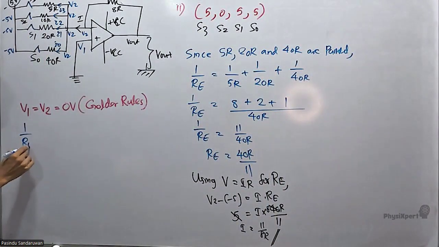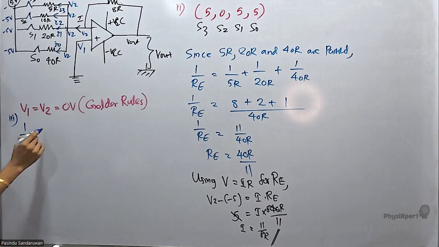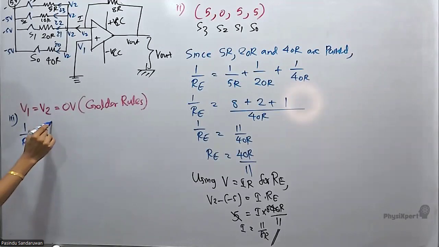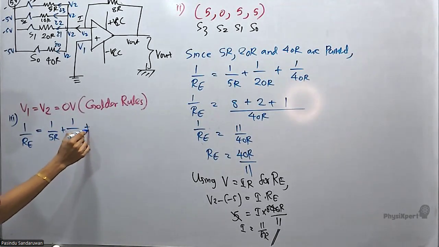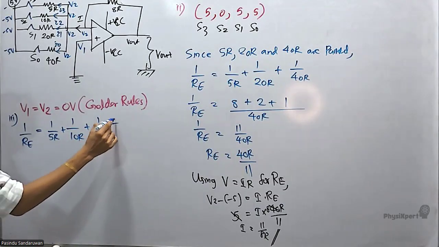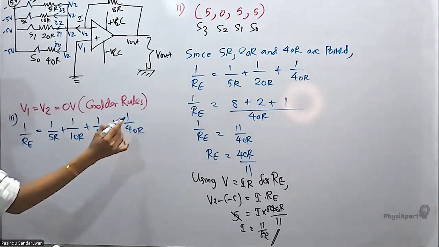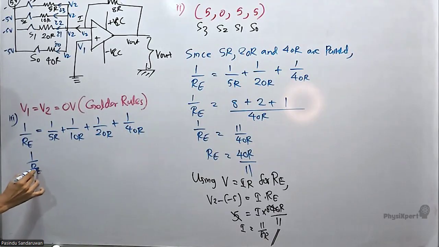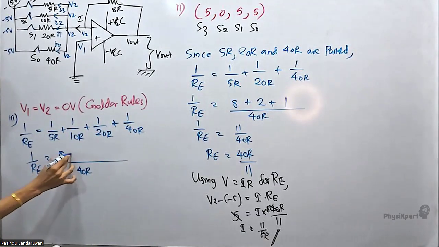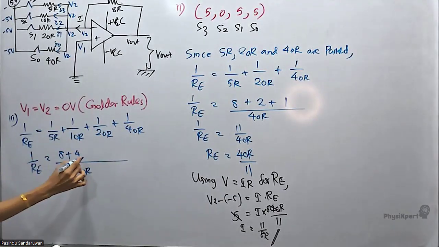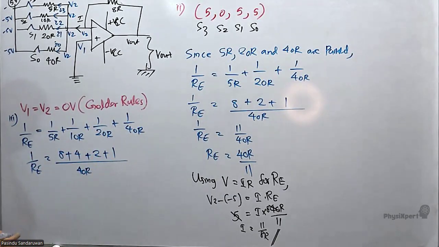1 over RE, the new one, for part 3, equals 1 over 5R plus 1 over 10R plus 1 over 20R plus 1 over 40R. The common denominator is 40R. Here 8, 4, 2, 1.